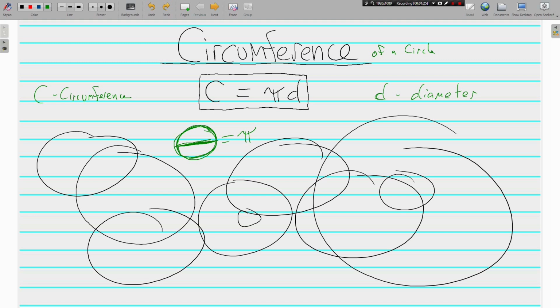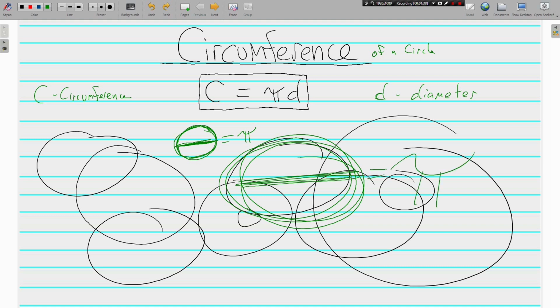And it doesn't matter which circle it is, how big it is. The distance around divided by the distance through the center is this ratio we call pi. Pi is irrational. We've talked about rational and irrational numbers. It's irrational because it makes a decimal that goes on forever and there is no pattern.